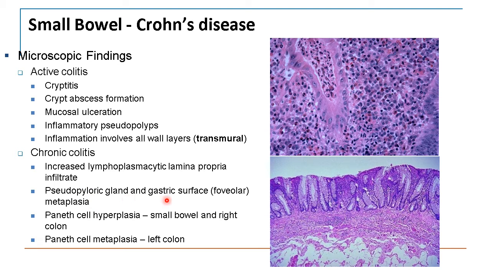Pseudopyloric gland metaplasia and gastric surface foveolar metaplasia, Paneth cell hyperplasia in the small bowel and right colon, and Paneth cell metaplasia mainly in the left colon. As you see here, there is also widening of the crypts and branching.